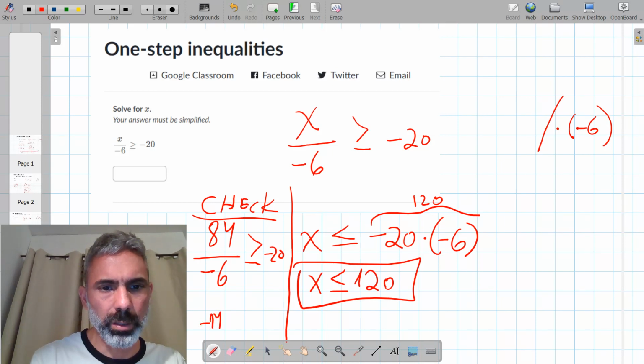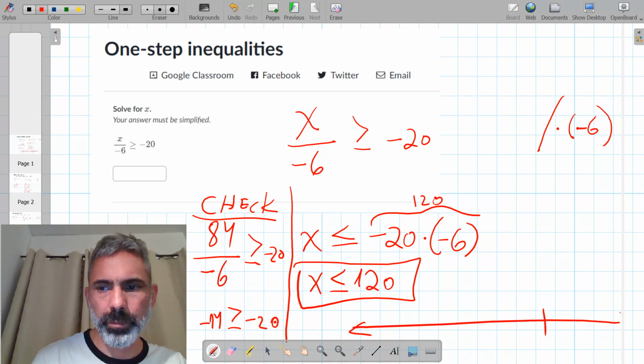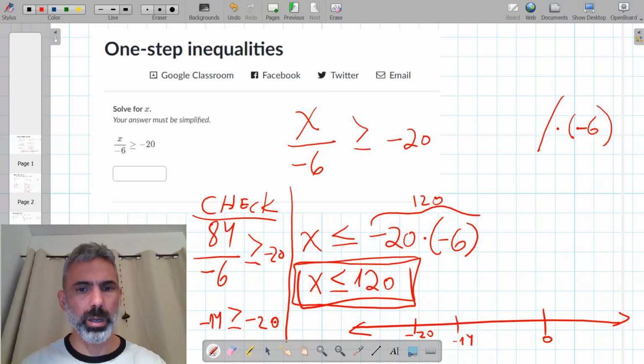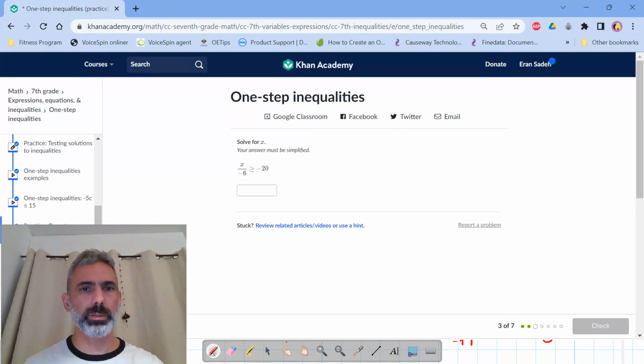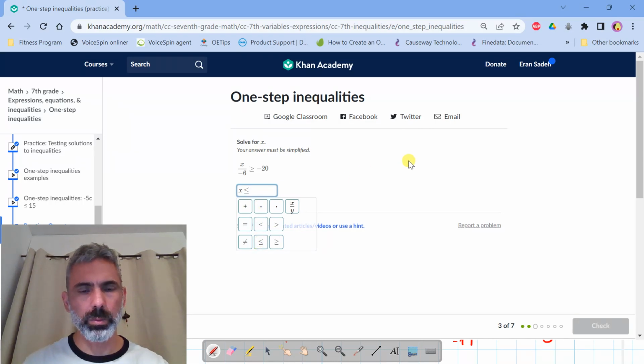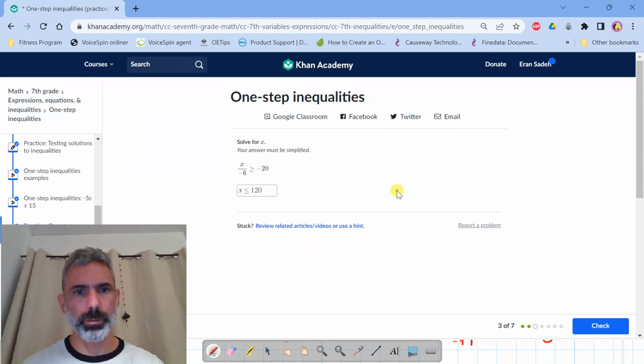Minus 14 is greater than or equal to minus 20, okay, because on the number line, if this is minus 14, this is minus 20, minus 14 is to the right of minus 20, so this is correct. So the answer is that x needs to be less than or equal to 120.